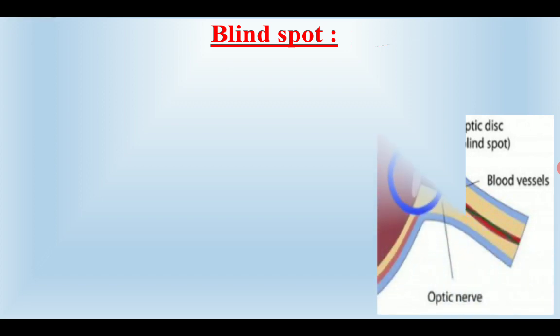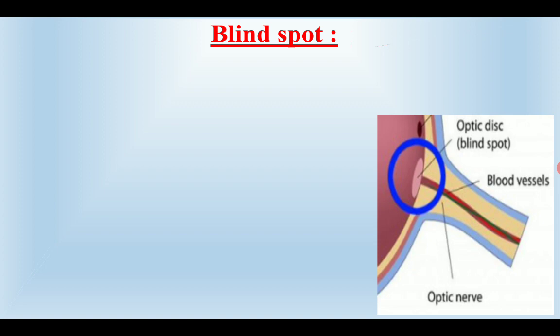Now you can see from this picture the back portion of our eye, in which we have an optic disc that is known as the blind spot, and these are the blood vessels and the optic nerve. Now this is the point of contact of the optic nerve and the retina. So the point of contact between the optic nerve and retina is basically the blind spot.